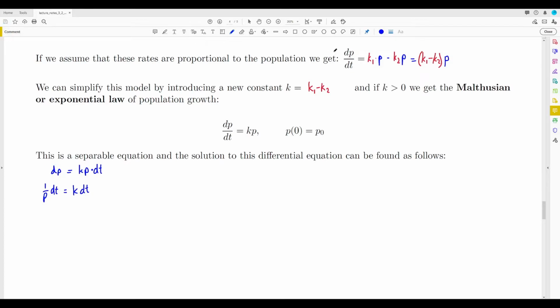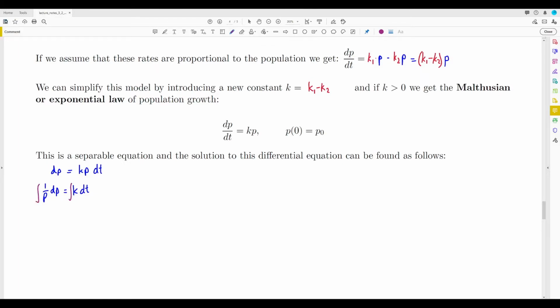And then we can integrate both sides. Now I integrate both sides with respect to their variable.